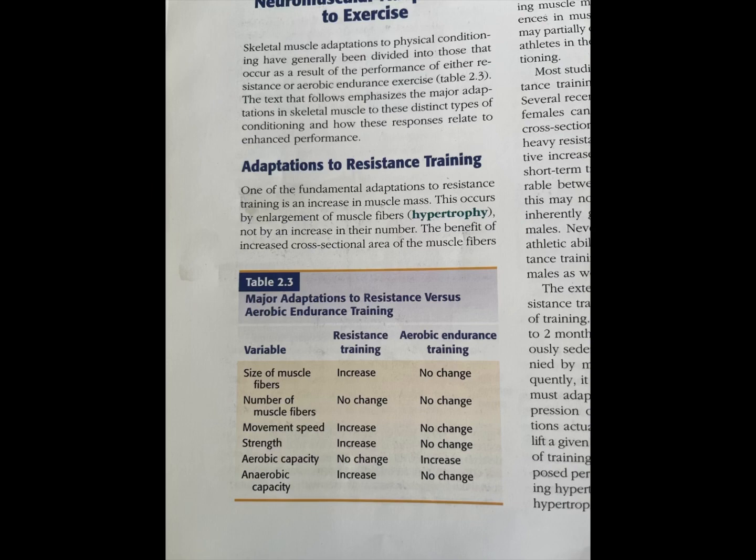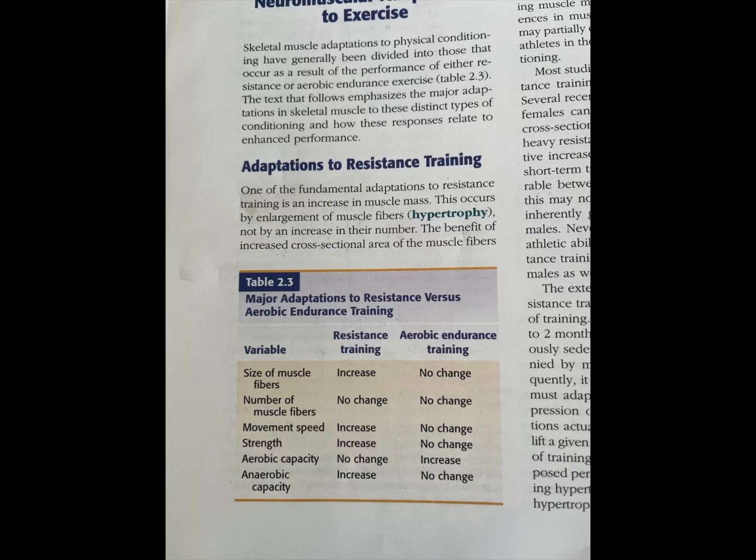Differences in muscle fiber composition and number may partially explain the marked variation among athletes in their hypertrophic response to conditioning. Most studies of hypertrophic response to resistance training have been conducted on males. Several recent studies, however, have shown that females can also enjoy impressive increases in cross-sectional area of muscle fibers as a result of heavy resistance training.